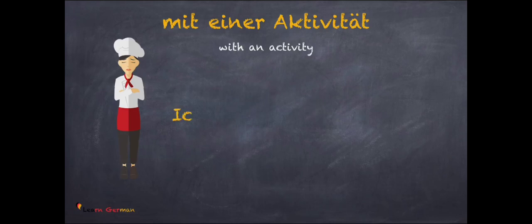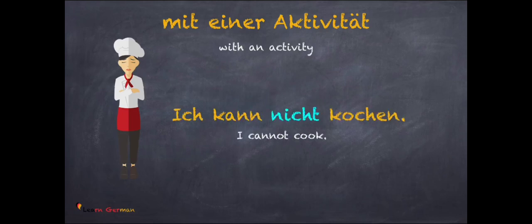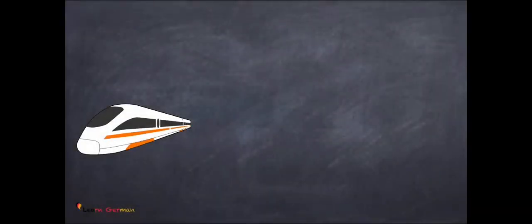Mit einer Aktivität. Ich kann nicht kochen. Here also, the word nicht is placed just before the activity, that is, kochen. Moving on to the next example.